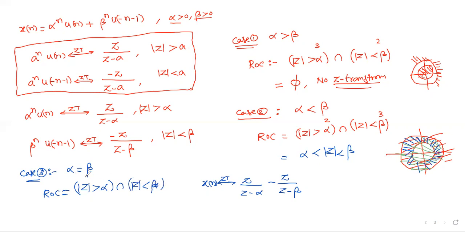Now if alpha equals beta, that means 2 and 2. So you draw a circle with radius 2. One is outside, one is inside. Is there any common area? There is no common area. So there won't be any Z transform for the alpha equal to beta condition. Right? Now, we will see a very important property.